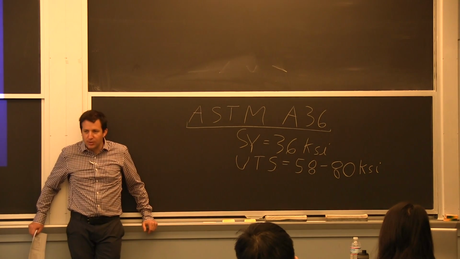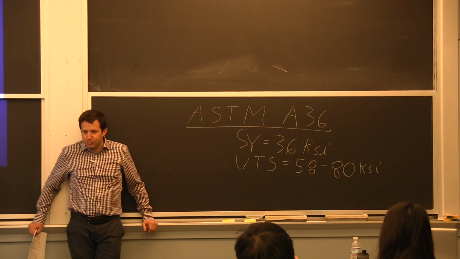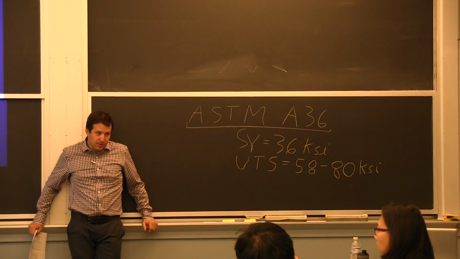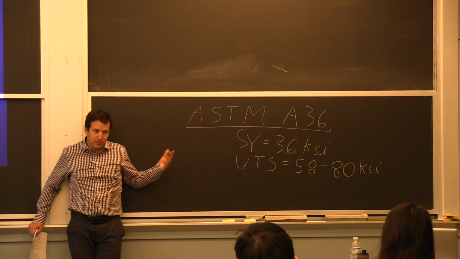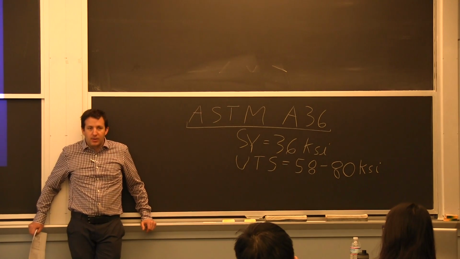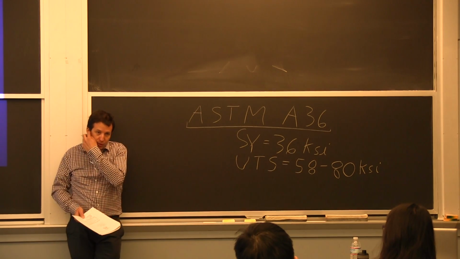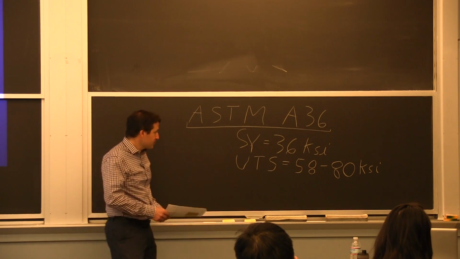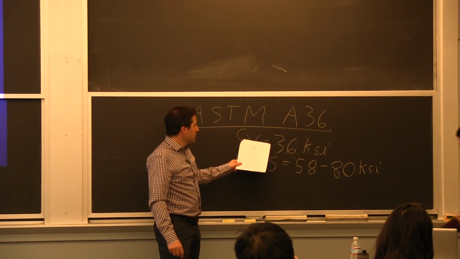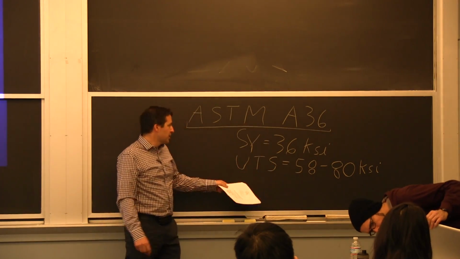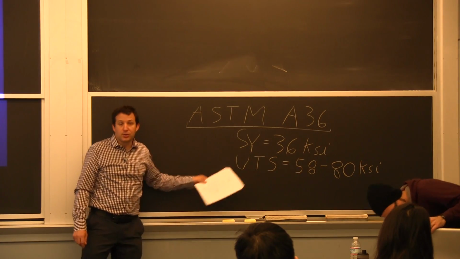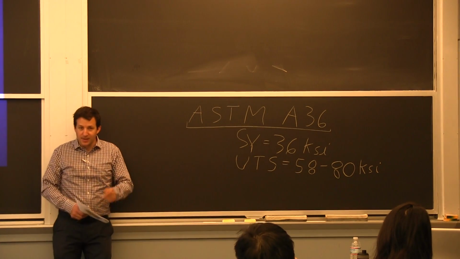If you wanted to know, you can ask for the mill certificate associated with the exact beam batch that was produced for you. Depending on the mill, some mill certificates will only give you chemistry, but most of them will also give you mechanical properties.